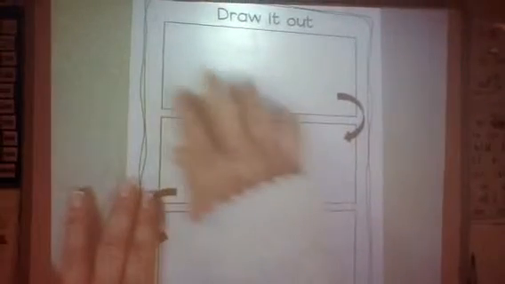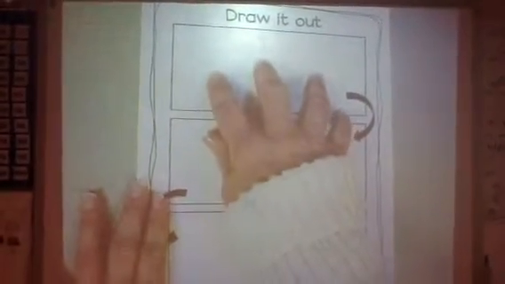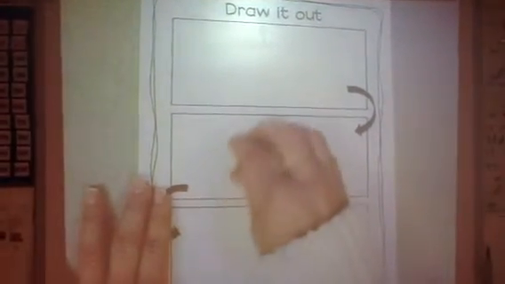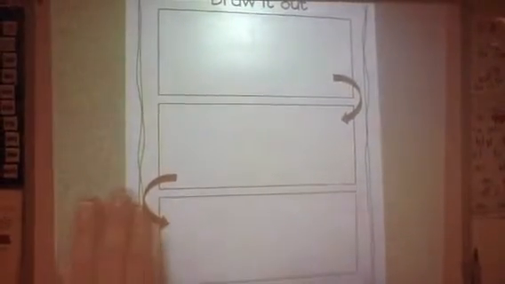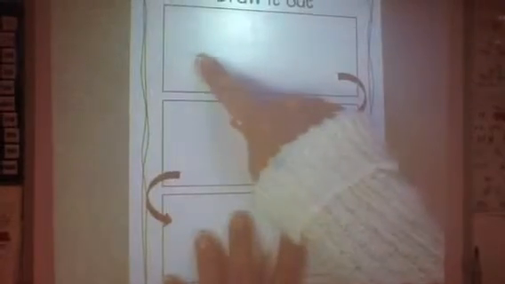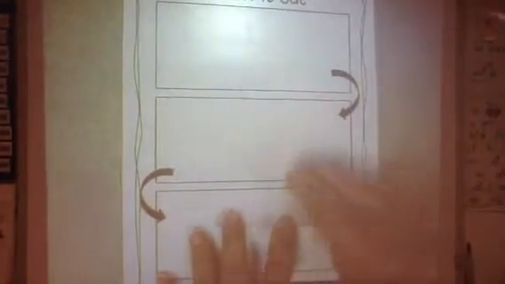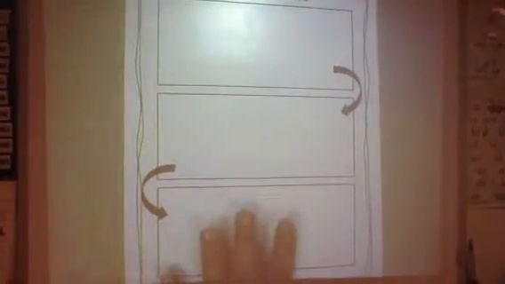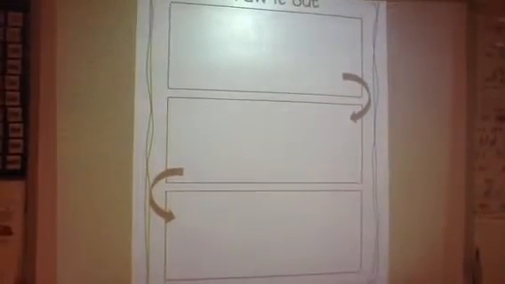And you let them draw what happened first, then what happened next, and then what happened last. So this is going to kind of be a graphic organizer for them, just to sequence that one small moment, and then they can go back. And the more detail they put into their drawings on these parts, the more it's going to help them when they come to the next part where we stretch it out.